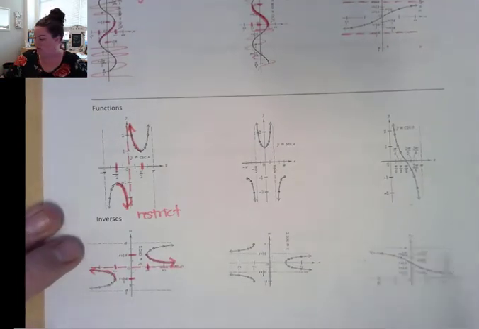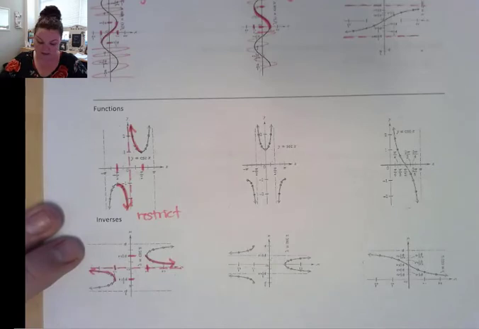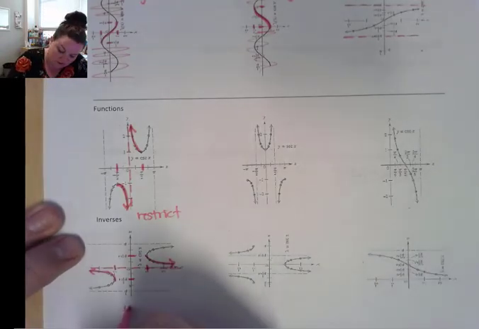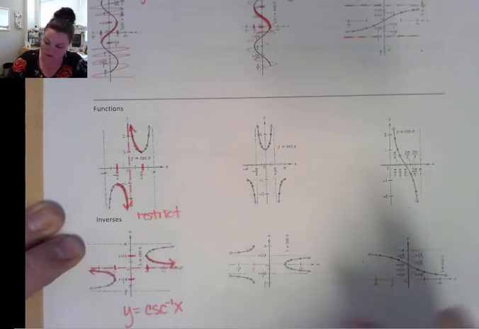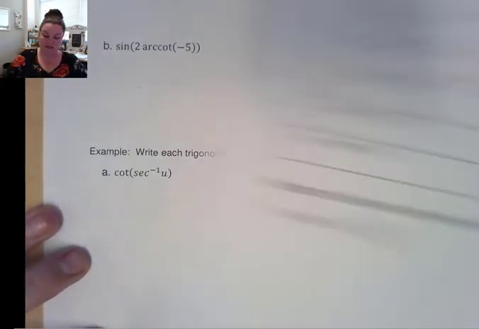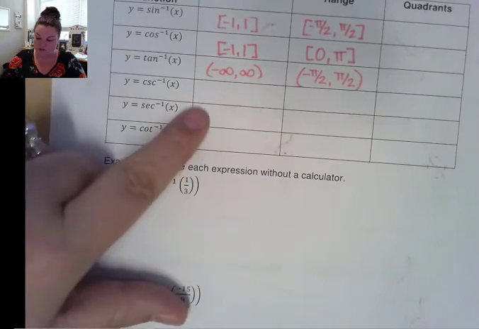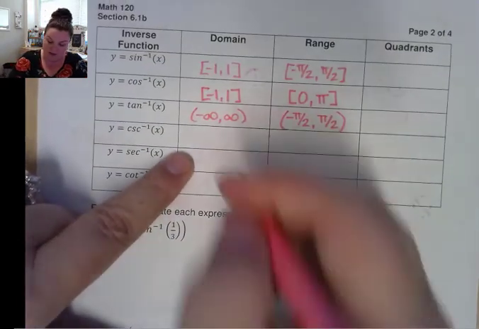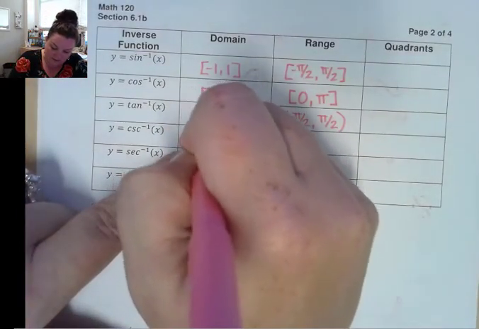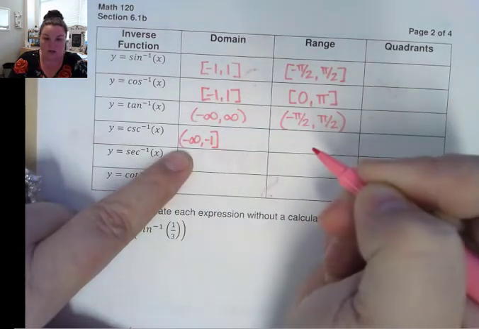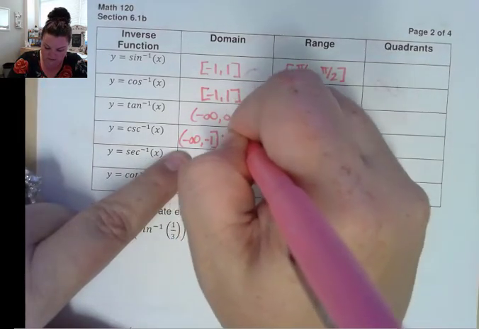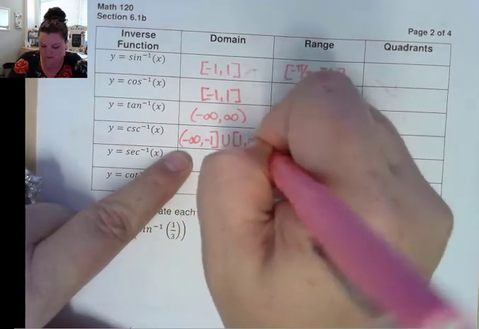Okay, so let's go ahead and write that in. Oops, I forgot to write it. Y is equal to cosecant inverse. So for cosecant inverse, we just determined that our domain is from negative infinity to -1, right? And then 1 to infinity.